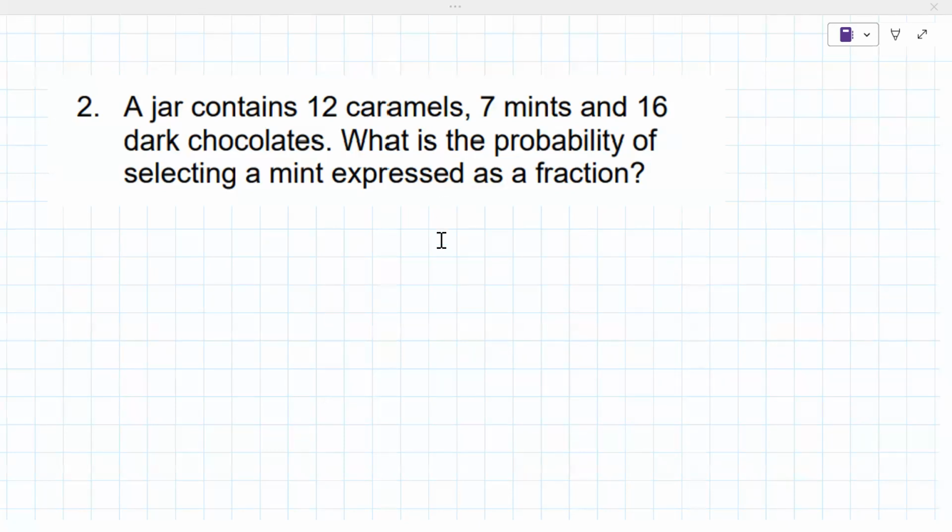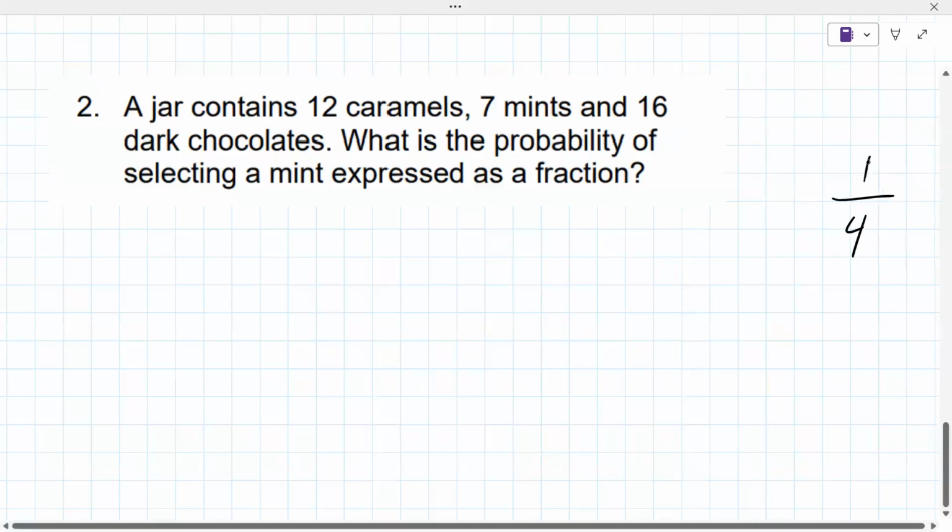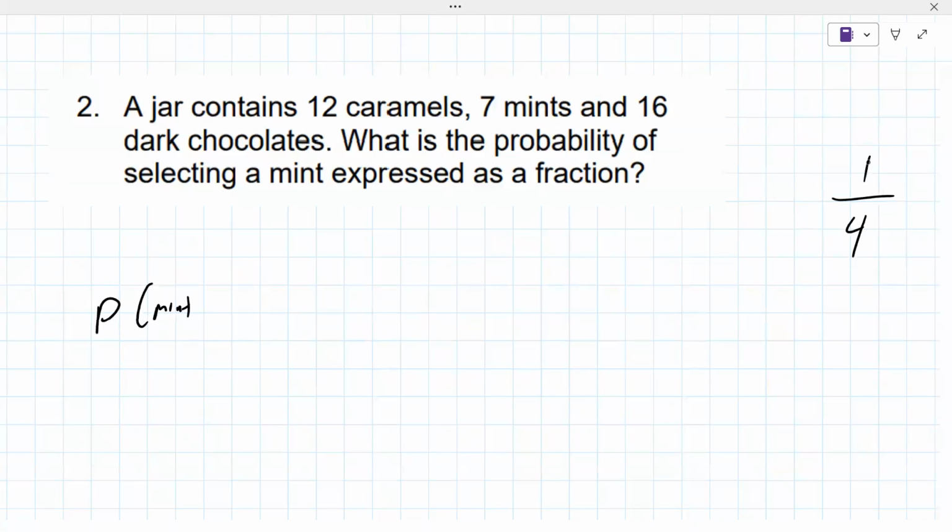You have a 1 in 4 chance. You said 1 in 4, 1 out of 4. Is that right? Yeah. Okay, so probability of selecting a mint.